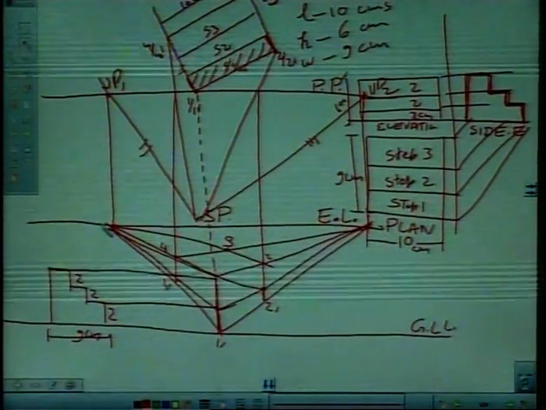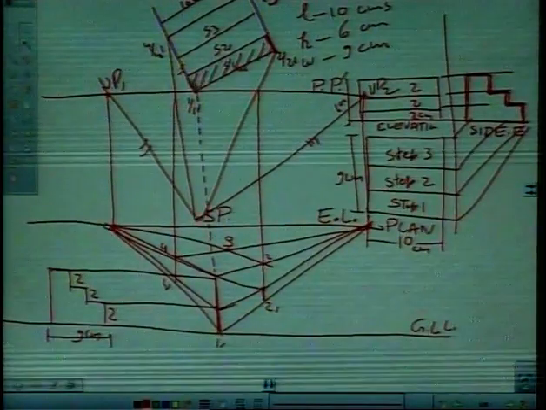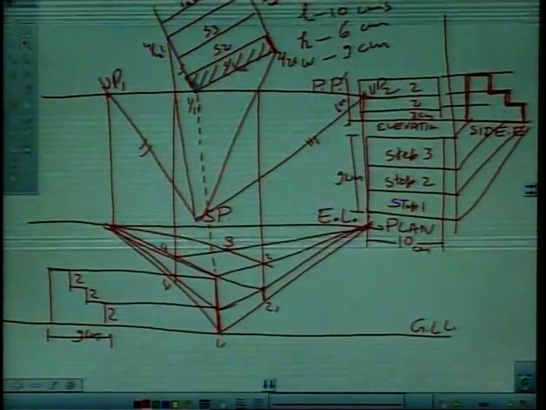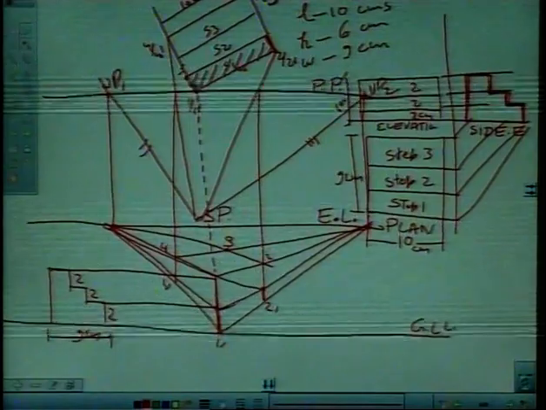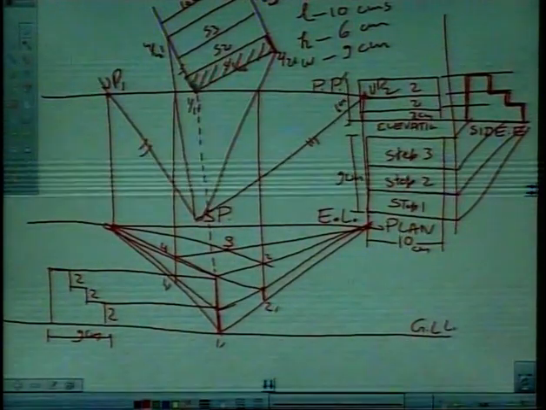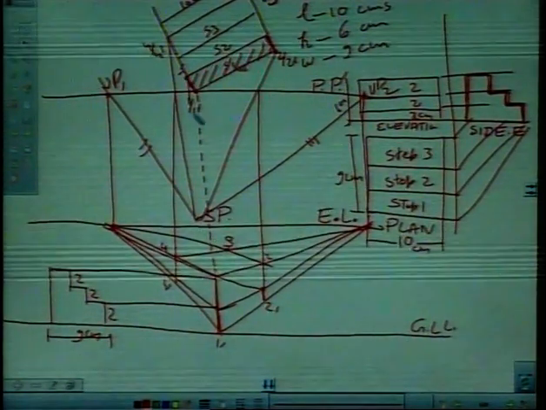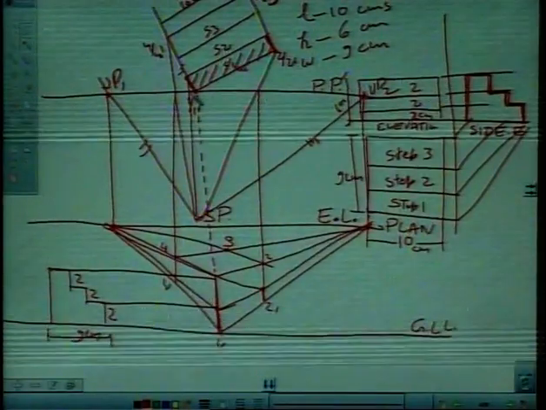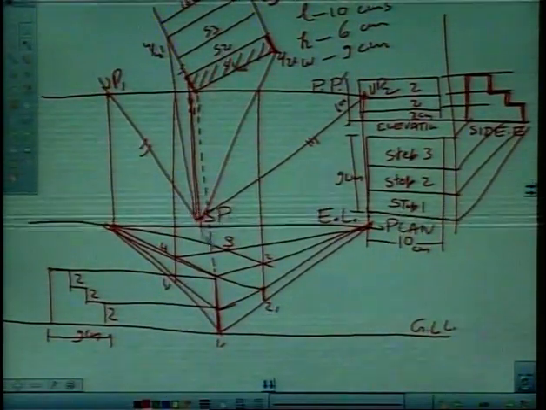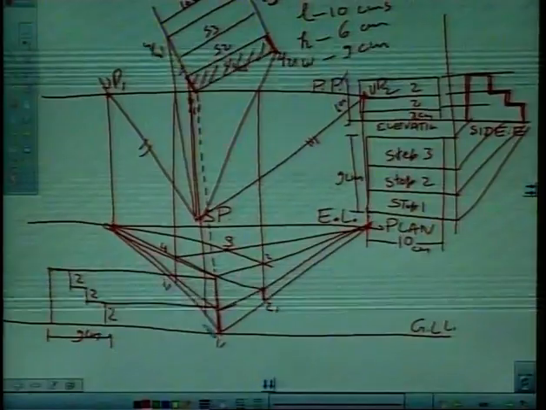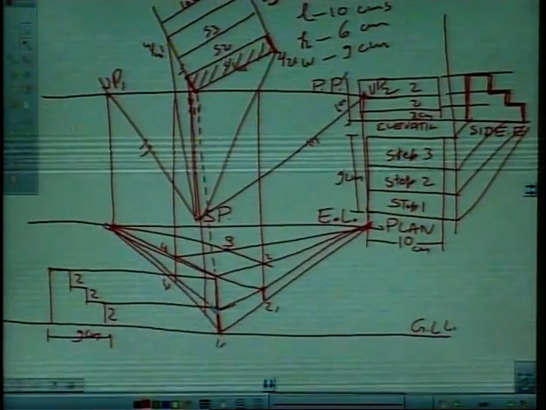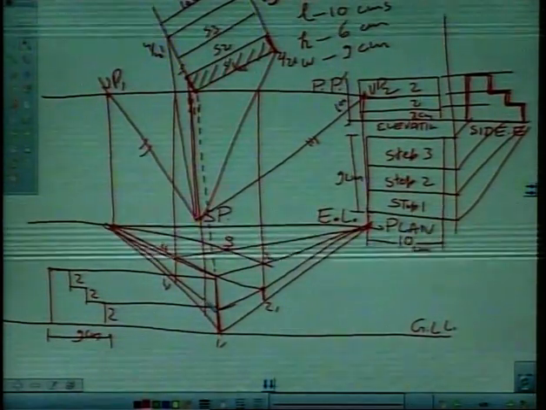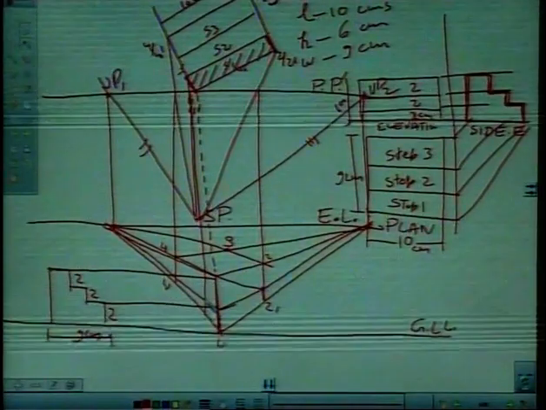Okay. Say we want to locate this point. How to locate this point? Simply join this with the station point and draw this line downward like this. This will give us the width of step number 1, right?